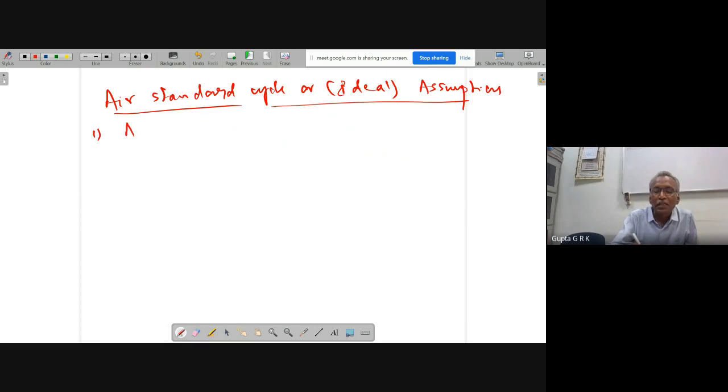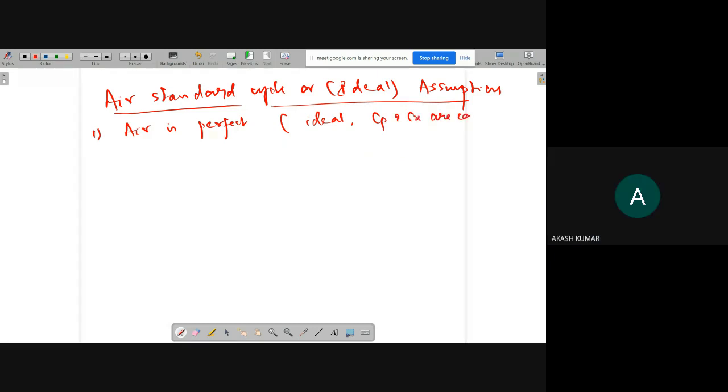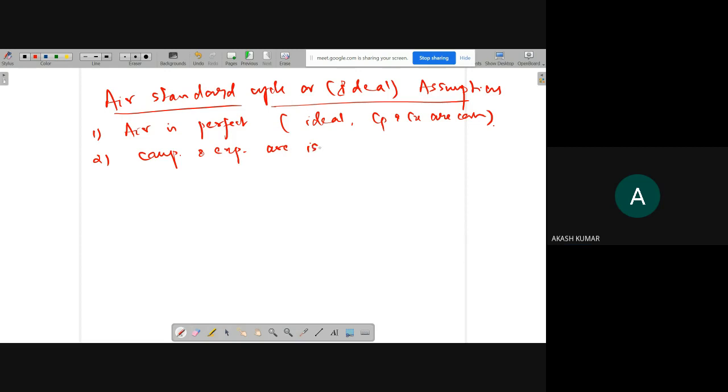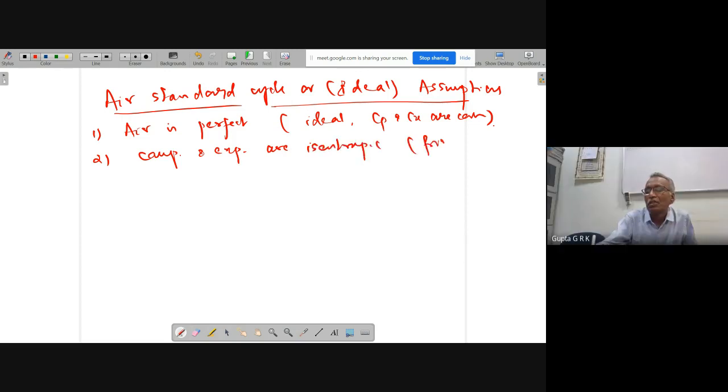One is air is considered to be a perfect gas. Perfect means ideal gas, and Cp and Cv are constant. Okay. And then compression and expansion are isentropic. Isentropic, that is, friction negligible.